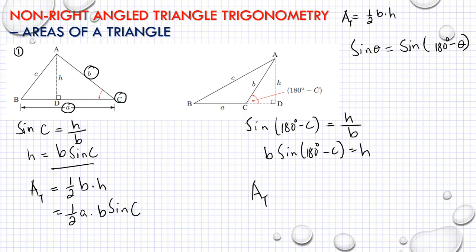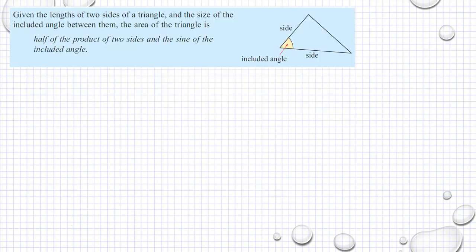Area of a triangle is equal to 1/2 the sides multiplied by the sine of the angle in between. To give you a summary, you have the included angle and you have the sides.